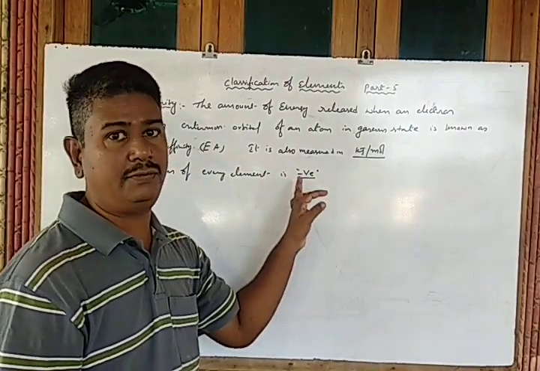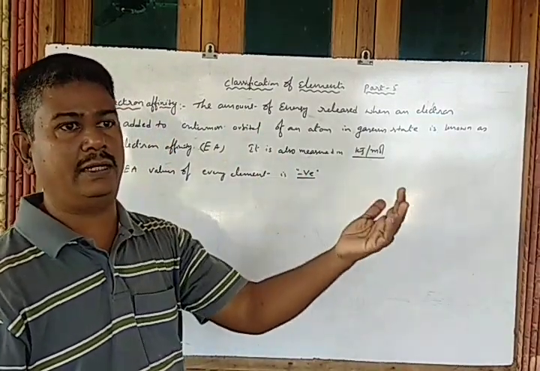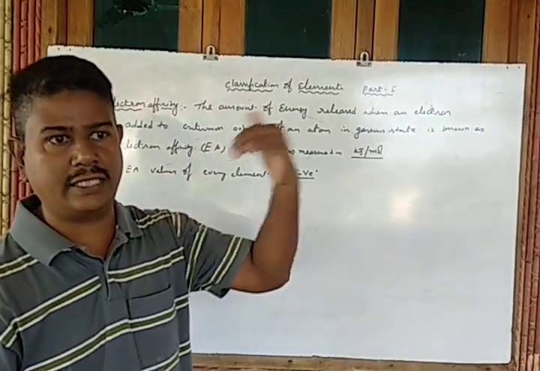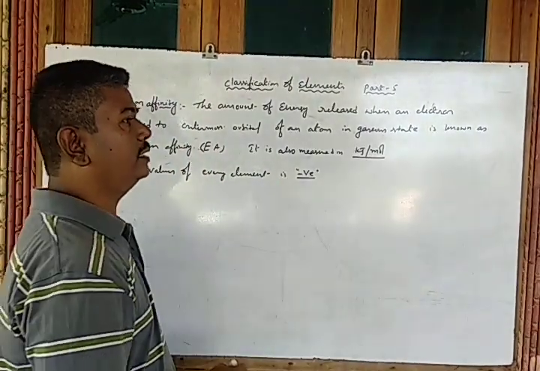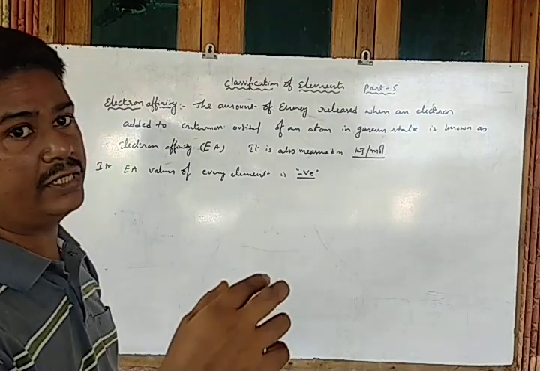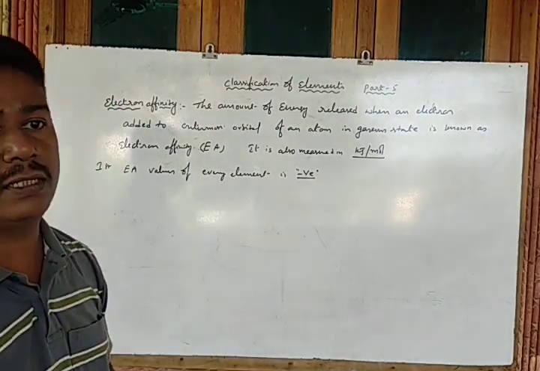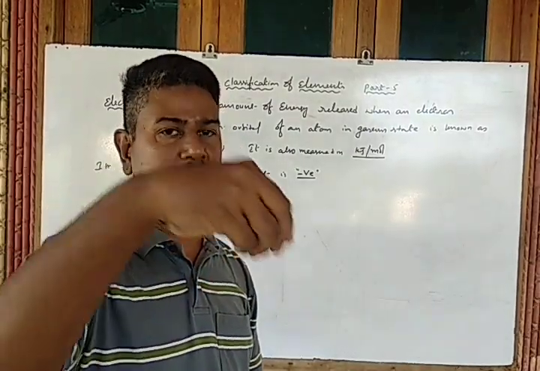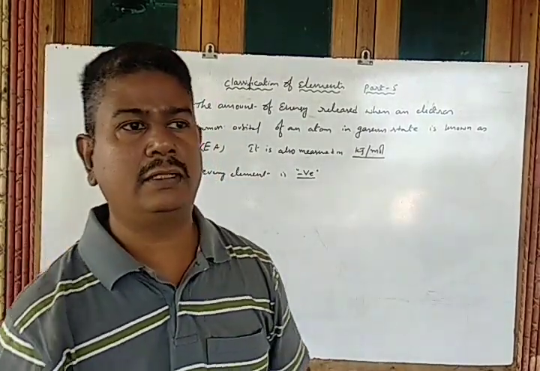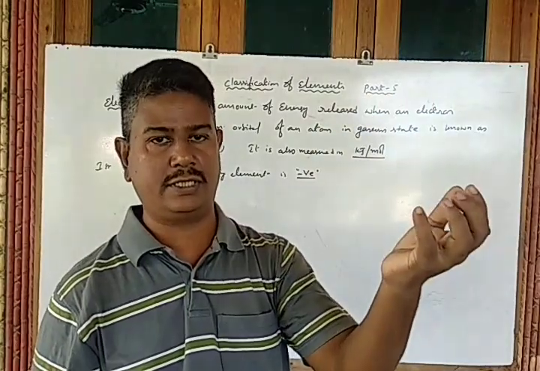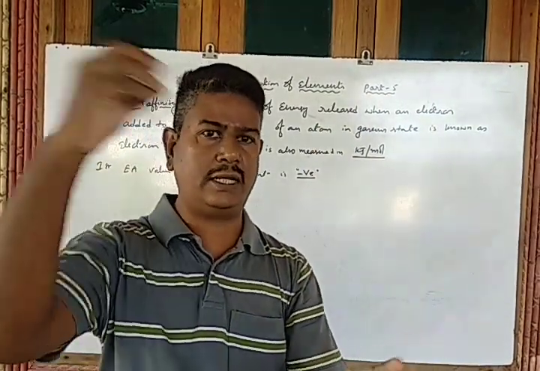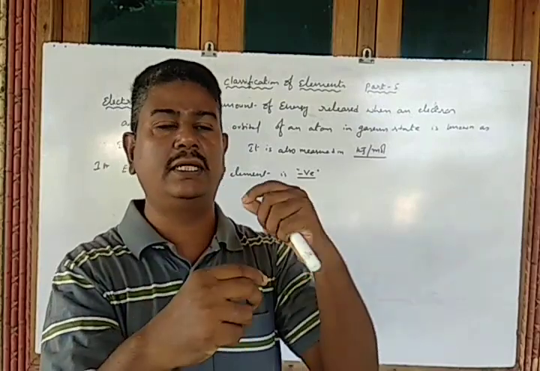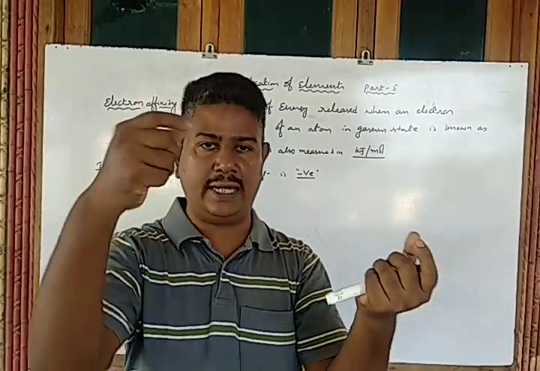Whereas when you want to add another electron, a certain amount of energy is absorbed, because one electron is already added. The outermost shell now has more electrons, so while entering another electron there must be repulsive forces between the previous electron and the added electron.